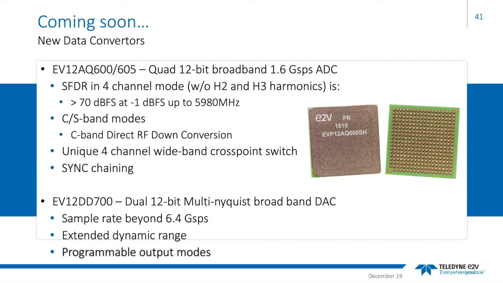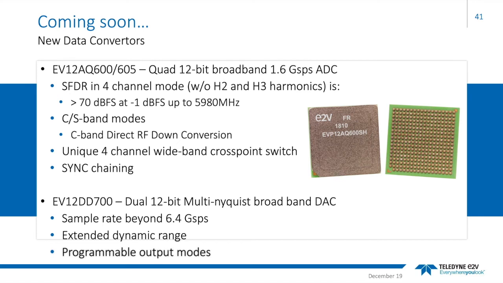It features a spurious-free dynamic range better than 70 dBFS, all the way up to 6 GHz. It offers C and S band operating modes and can perform direct RF down conversion in the C band. It gains considerable versatility from the embedded wideband crosspoint switch that facilitates interleaving of the ADC cores.